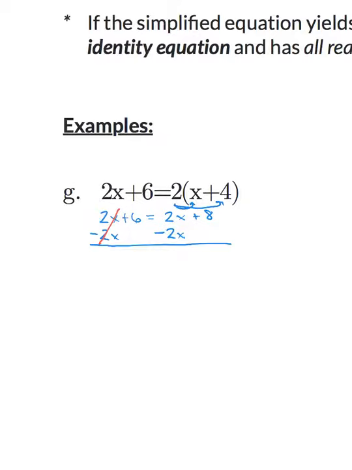There are no more x's. We are left with just 6. On the right side, our x's cancel there as well. We don't have any x's left there. And we are left with a statement of 6 equals 8. Well, this is a problem because 6 is never equal to 8.